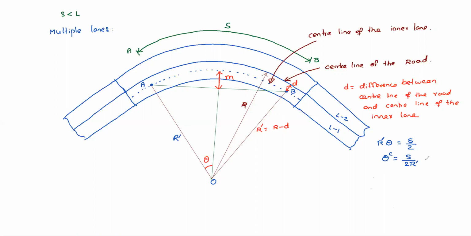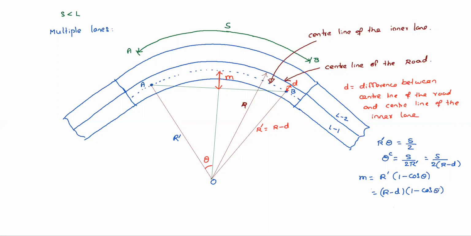That means theta equal to S by 2 into R minus D, in radians. Now M equal to R dash into 1 minus cos theta. That is, R minus D into 1 minus cos theta.